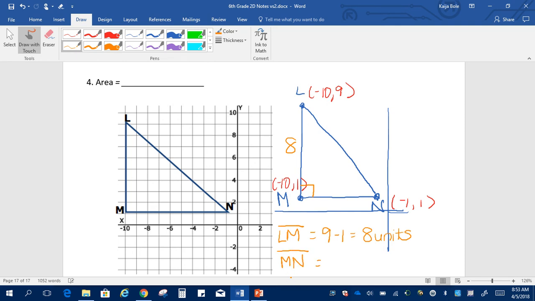Again, same side we subtract, so 10 minus 1, and that gives us 9 units. To find our area, remember it's base times height over 2. So we're going to do 8 times 9 divided by 2, so this is 72 divided by 2, which gives us 36 square units.